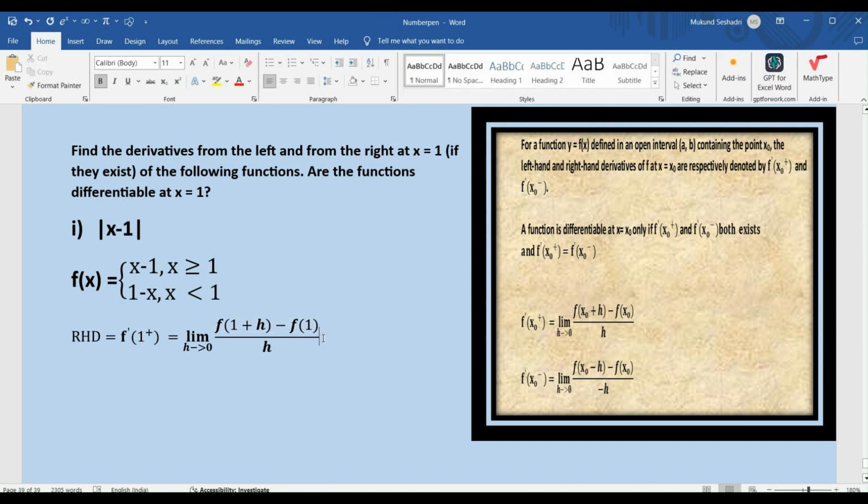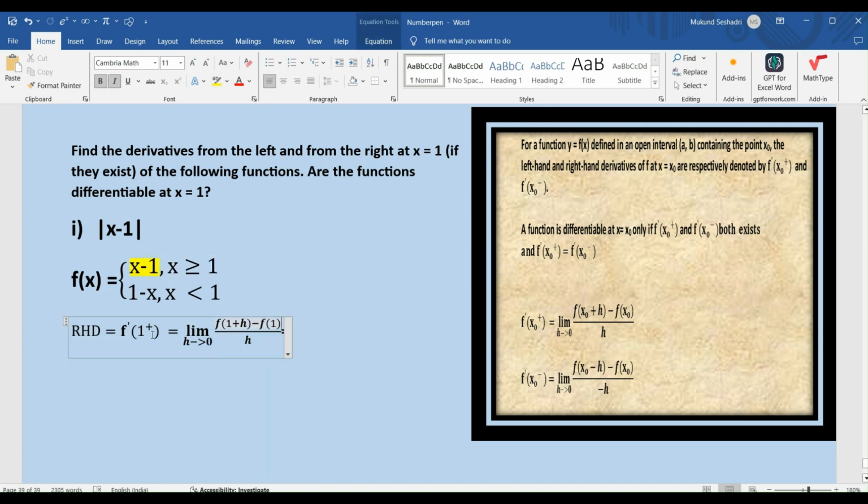Now we know how to solve this problem. It is not very difficult. And what do we mean by 1 plus h, right? 1 plus h is actually greater than 1, right? So when I rewrite this particular equation, which f of x will I have to take? I will have to take this one, right? For my right hand derivative, let me highlight it in yellow.